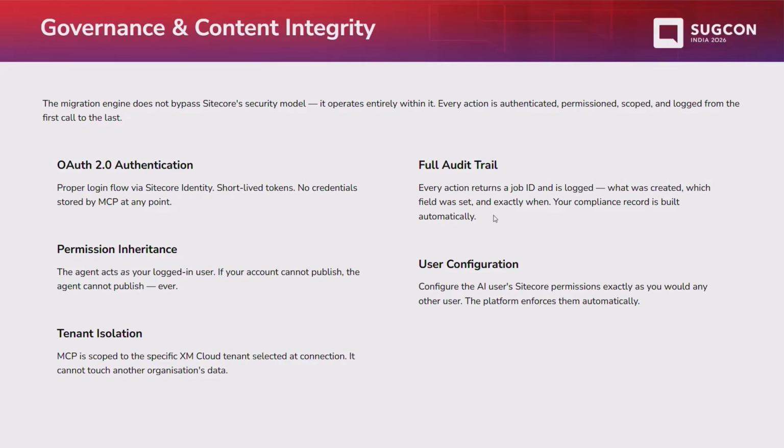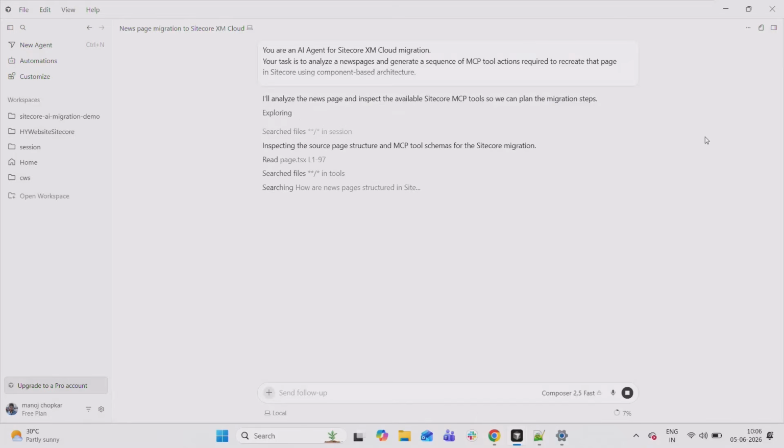Full audit trail: whatever actions you perform are logged, whatever is created, whatever field was set, you'll have the entire logging of it. User configuration: you can configure the AI user as you configure the rest of the users, and the platform will enforce them automatically. So let me see if it is done.